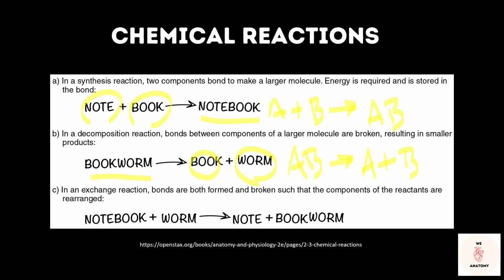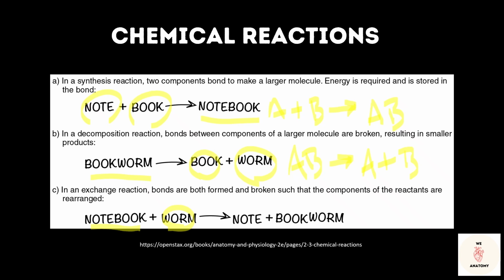Last, we have an exchange reaction. An exchange reaction includes both synthesis and decomposition, where chemical bonds are both formed and broken down, and chemical energy is absorbed, stored, and released. This is demonstrated at the bottom, where we have notebook being added to worm. So first we have notebook and worm. These are our reactants.